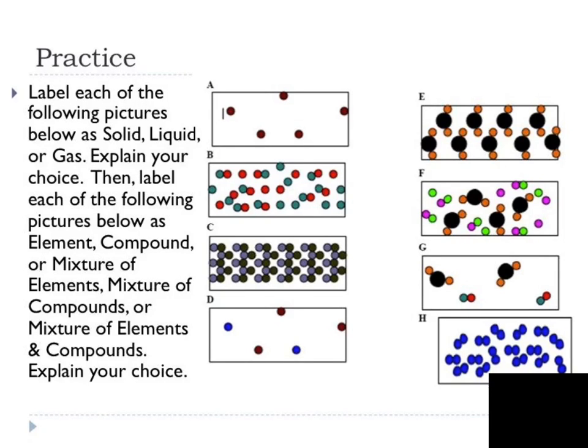Okay, so here we have A. Those look like dark maroon balls or something. Is it solid, liquid, or gas? Gas. And why is it a gas, not a liquid? They're spread apart. And is it element, compound, or mixture? Element. It's all the same. It is an element because they are all the same, yes.